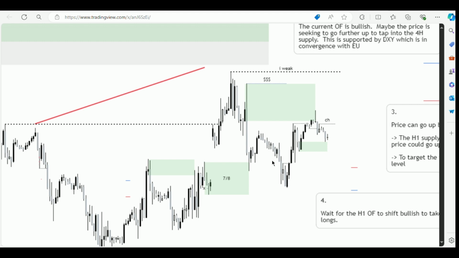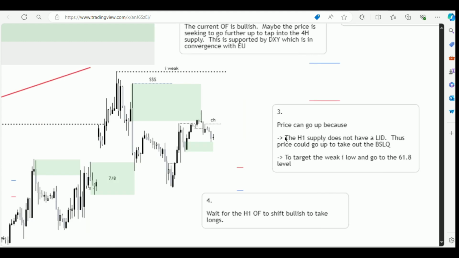I took a loss here yesterday. If you followed me, I took a loss here, and now the price went up, and now the price is in this POI. So I'm talking about this POI. This POI does not have a lid actually. Thus, price could go up to take out the buy side liquidity here.